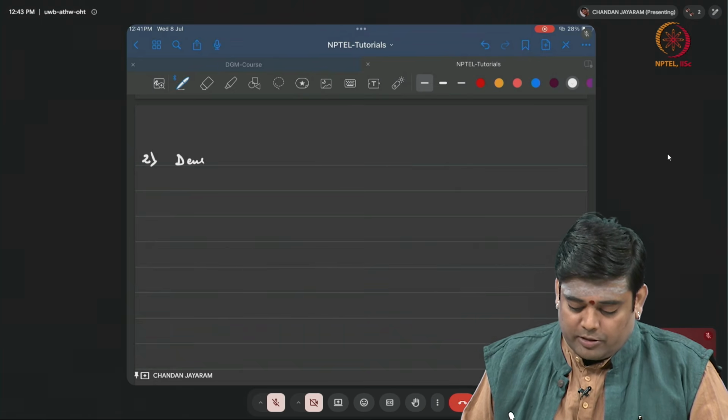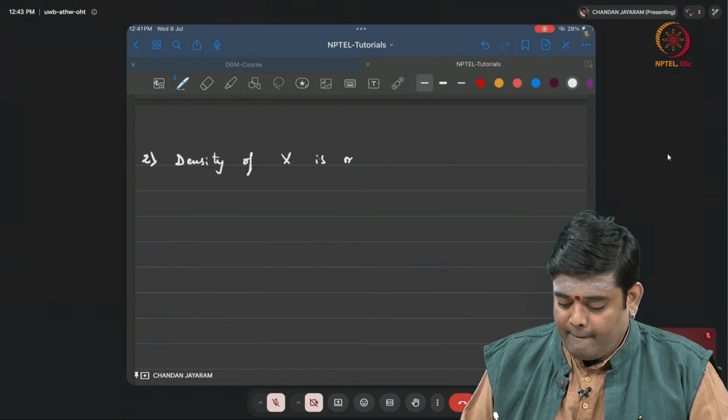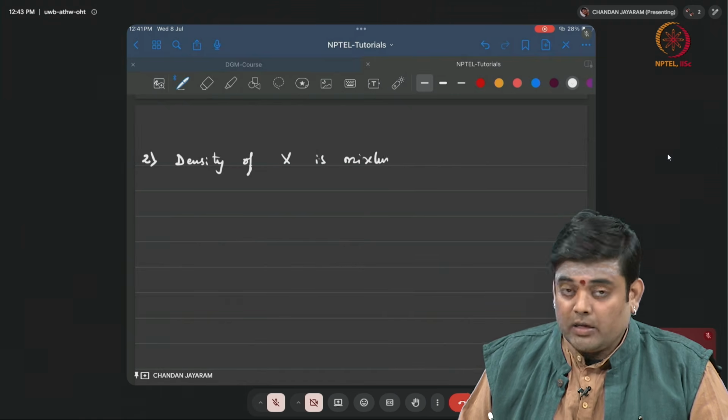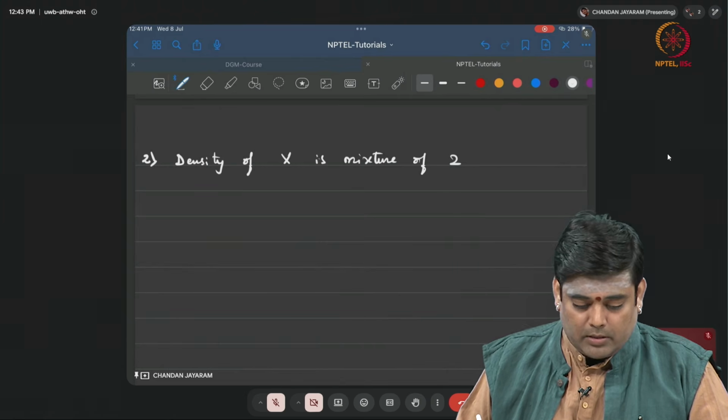The density of x is a mixture of two exponential densities.